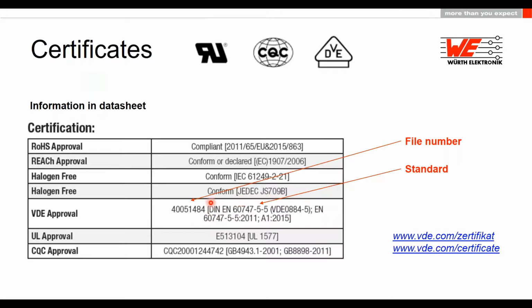So what you can do is go to the VDE website, like this one, and just enter this file number, and you can download all important files for the certification, where you can also find the information about the insulation thickness, the clearance, the isolation voltage, and so on. So many parameters and definitions are in these certificates.